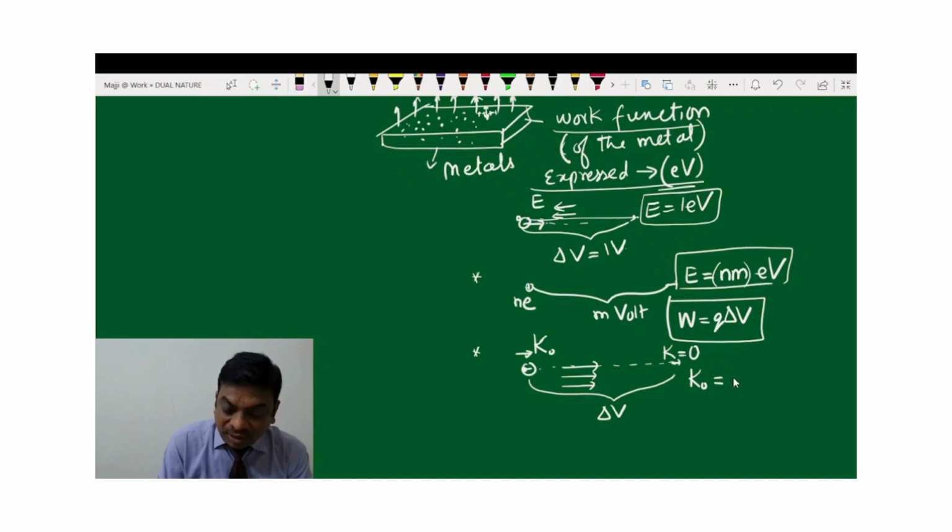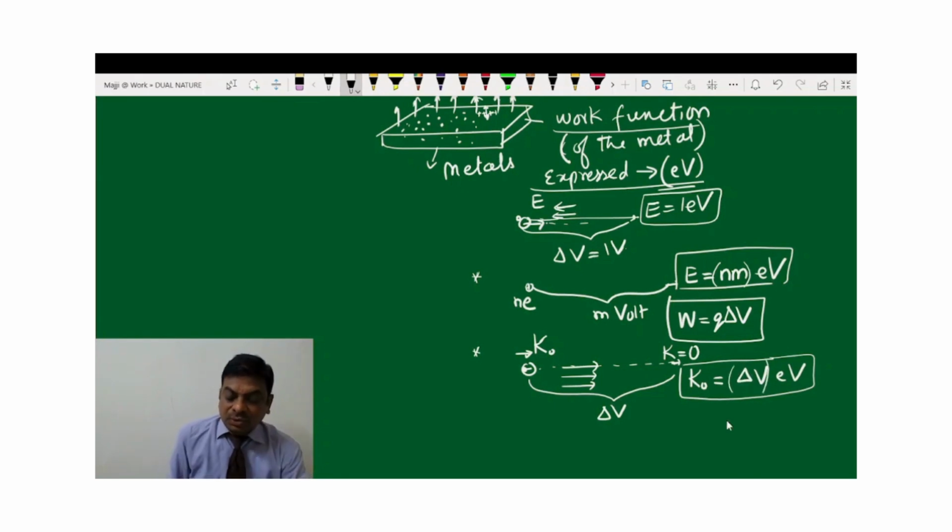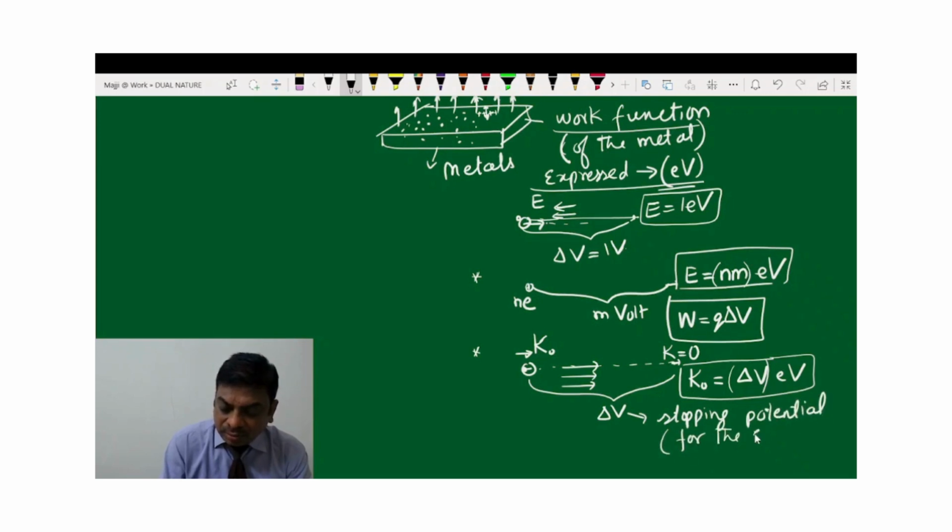So the work done will be equal to e into delta V electron volt. Okay, students? Sorry, e will not be there because e is 1. So we have delta V electron volt because e is 1. Okay. So on this aspect, we can call this as the stopping potential for the electron. Stopping potential, okay, for the electron, because this potential could exactly stop the electron.